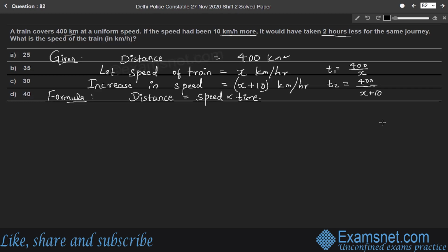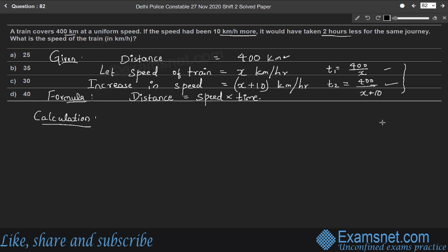Right. Here T1 and T2 are the times taken by the same train in two different situations. In the first situation, the speed was x kilometer per hour. In the second situation, it is x plus 10 kilometer per hour.